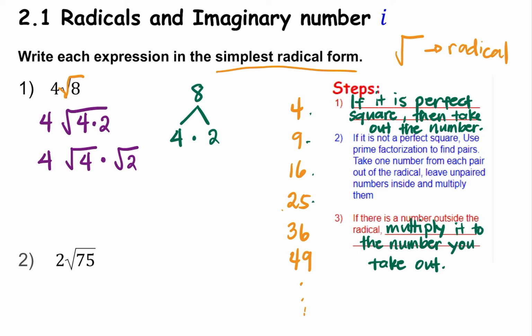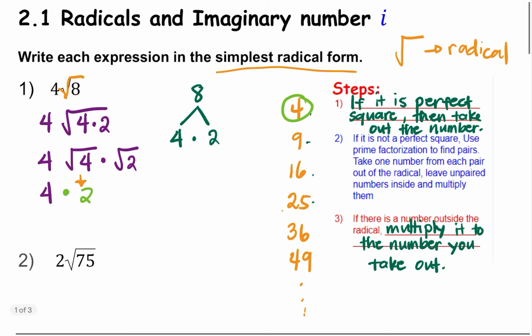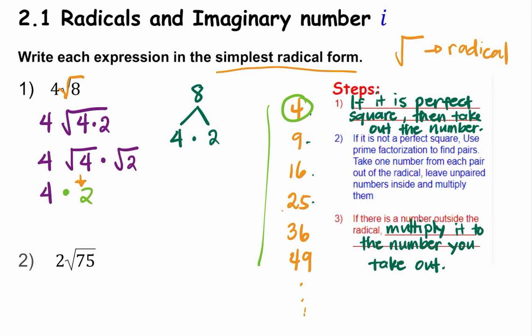Now we're going to simplify. First, we drop the number that's on the outside, a whole number, and then square root of 4, that's right here on the list, is equal to 2. So we're going to put a period to represent multiplication, whereas 2 is not on this list, and so therefore we're just going to drop square root of 2.